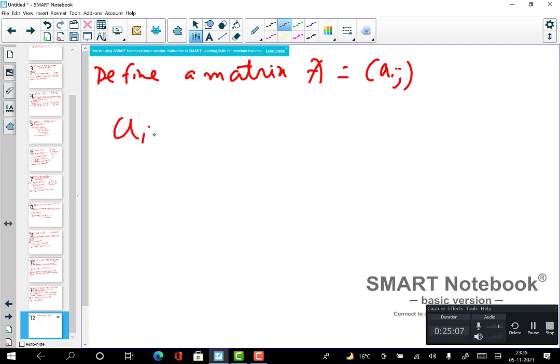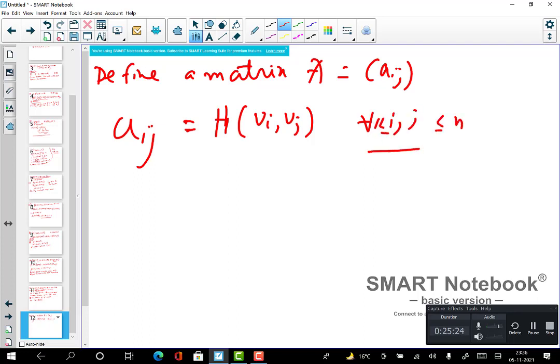The ij entries are nothing but the evaluation of the bilinear form on the basis vectors v_i, v_j, for all i, j between 1 and n. So the ith row and jth column of the matrix A will be the value of h at the basis vectors v_i and v_j.